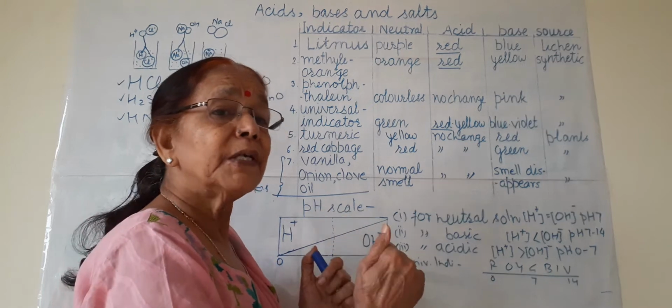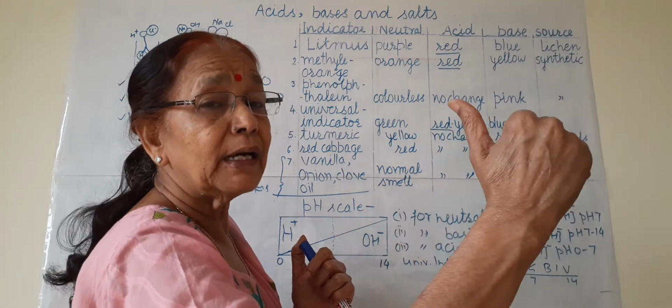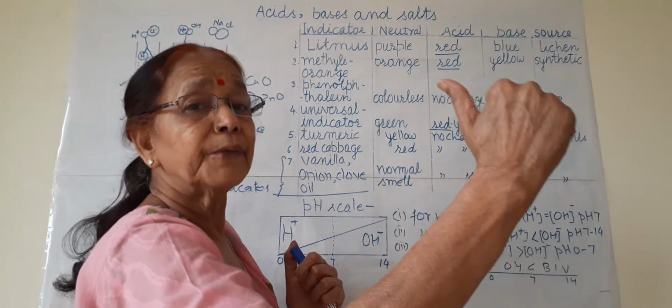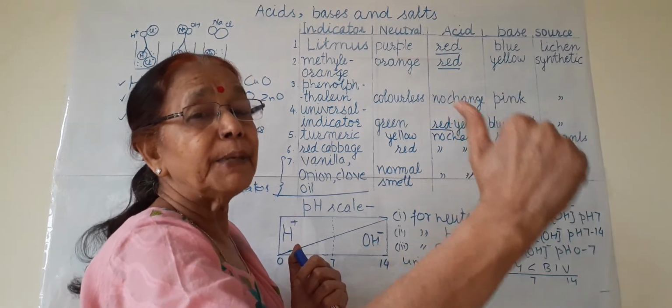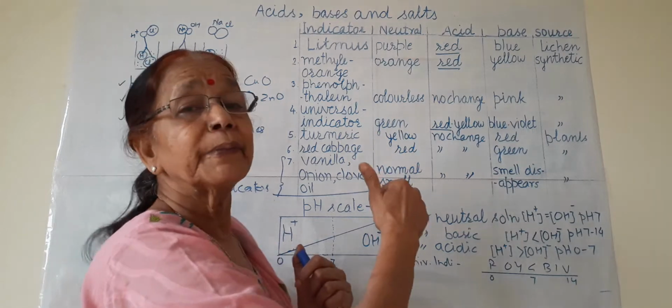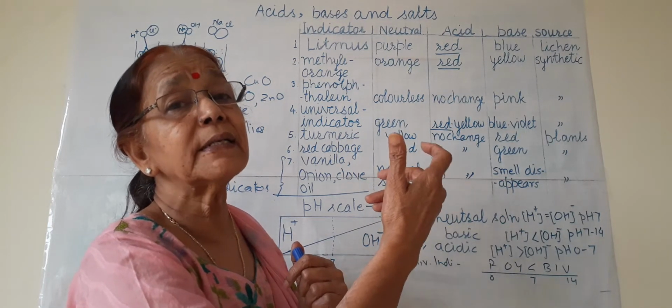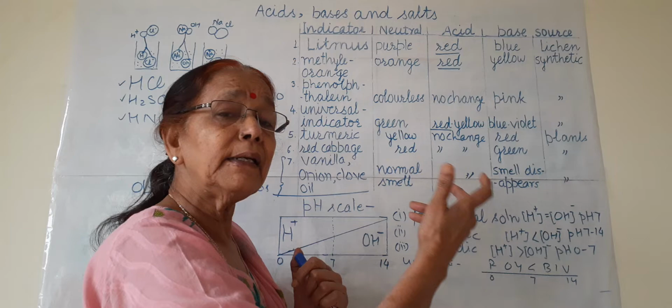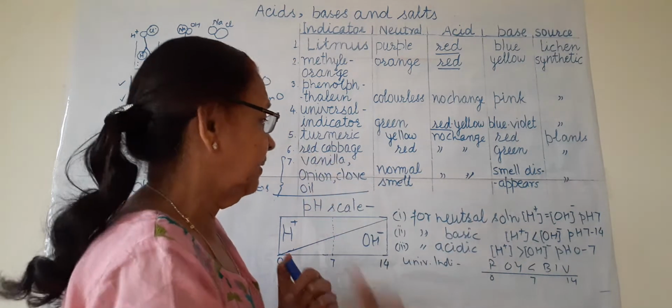And it gives different range of colors with different acids or bases. And by this range, we can know whether it is a base and what is its strength. If it is an acid, and what is its strength.